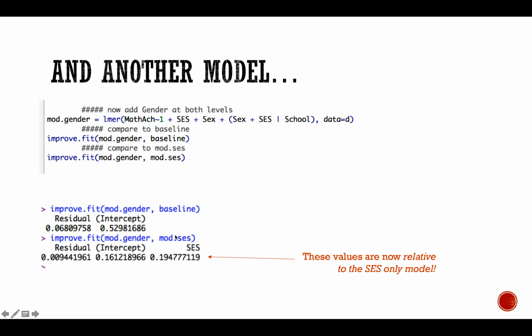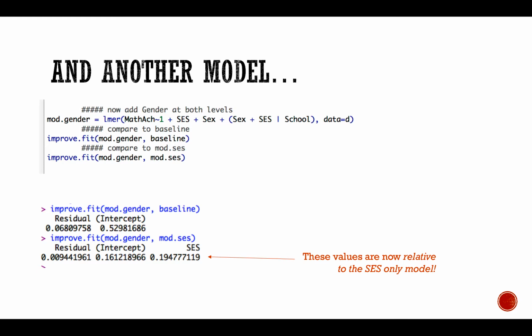Now, when we compare the socioeconomic status model to the socioeconomic status plus gender model, we explain a fraction of a percentage of the variance in the residual, and our intercept variance improves by 16%, and then our socioeconomic status variability improves by 19%.